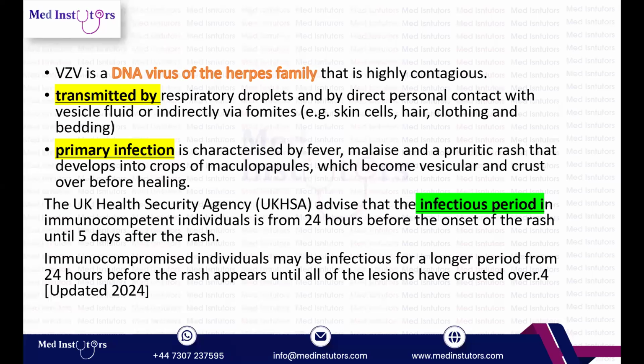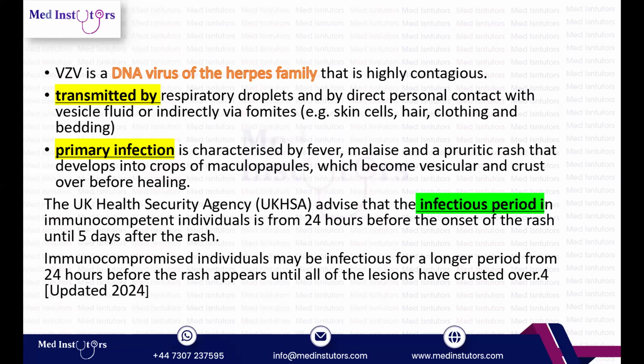All right. And the UK Health Security Agency advises that the infectious period of this virus in an immunocompetent individual is from 24 hours before the onset of the rash until 5 days after the rash, right? So my dear friends, this is the new one.